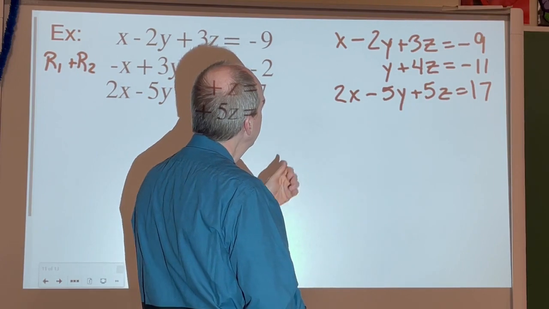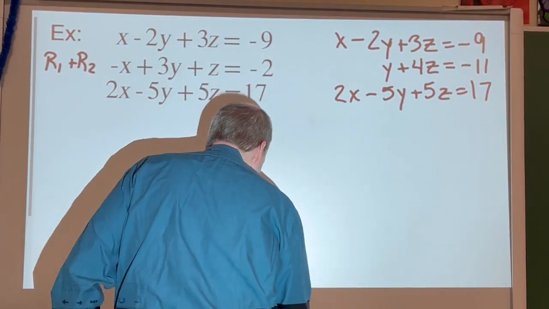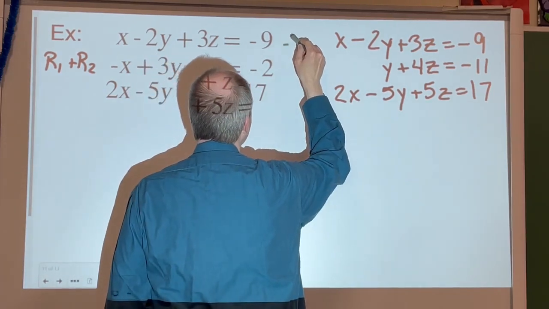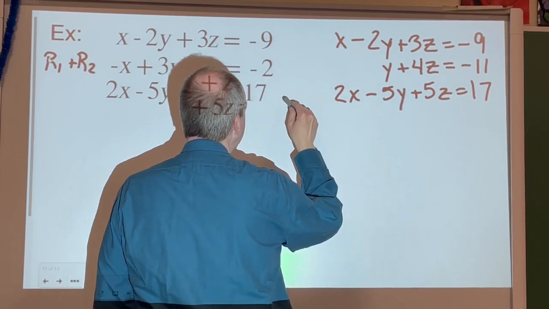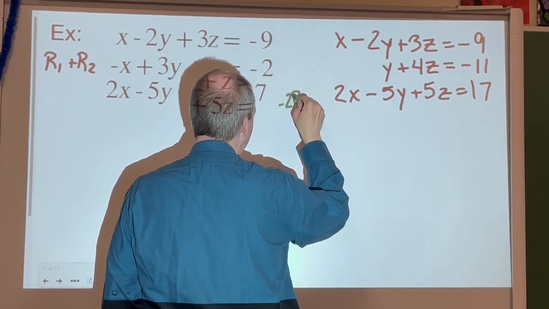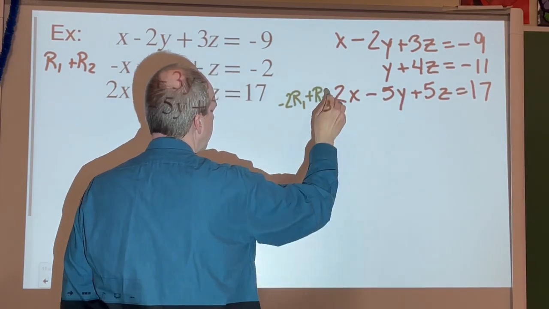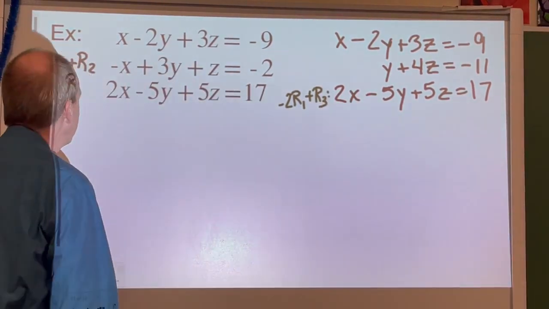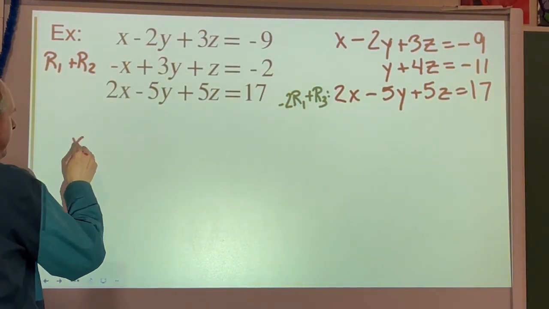Well, I could multiply by -2 and add it to here. So, negative, writing it in the wrong spot. -2 times r1 plus r3. First row stays the same, second row stays the same.